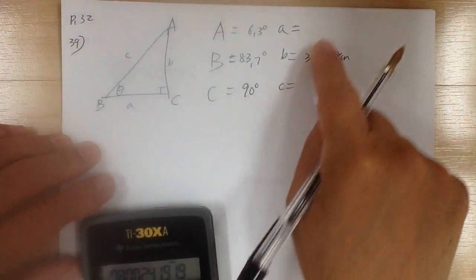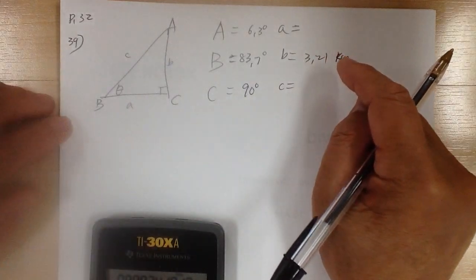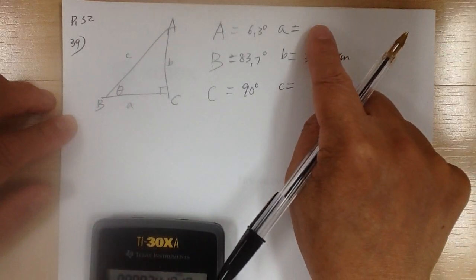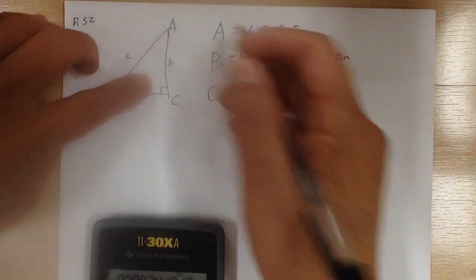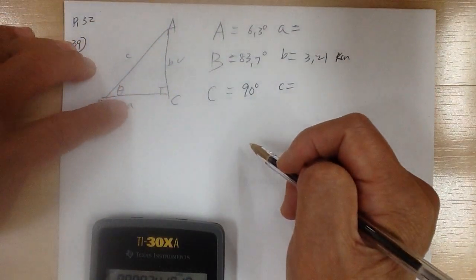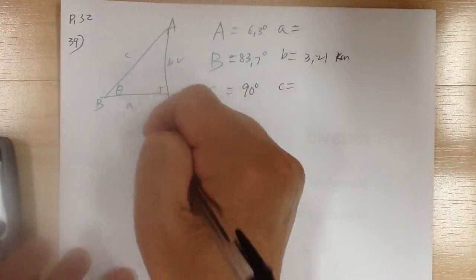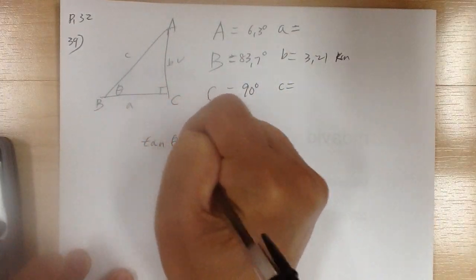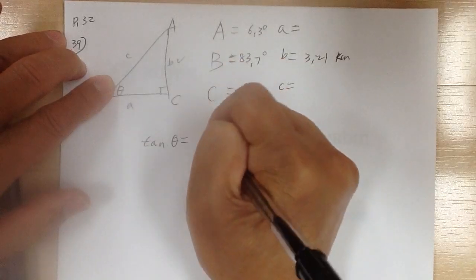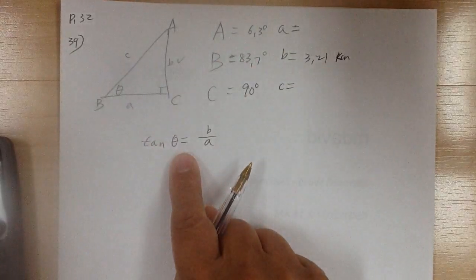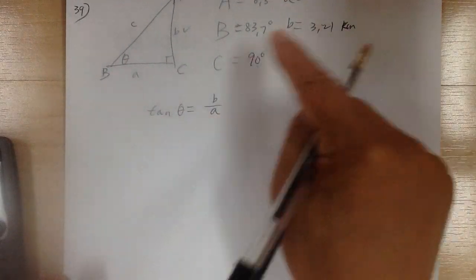Once you get the angle, to find A, you can use the tangent. Write down tangent theta is equal to B over A. You can write down your relationship first, write down your function, then start to substitute.